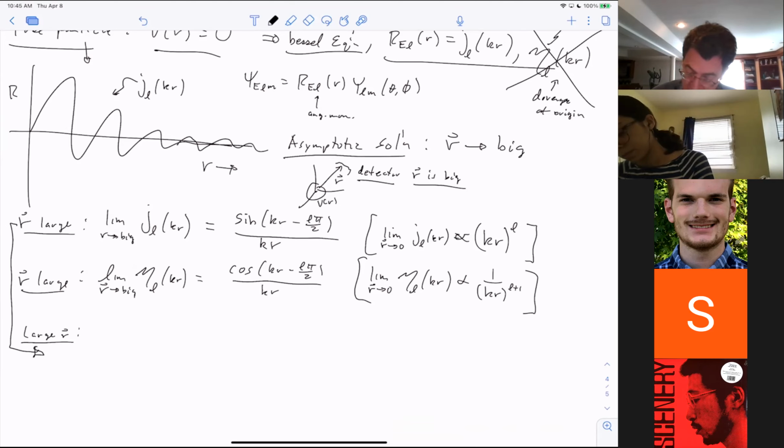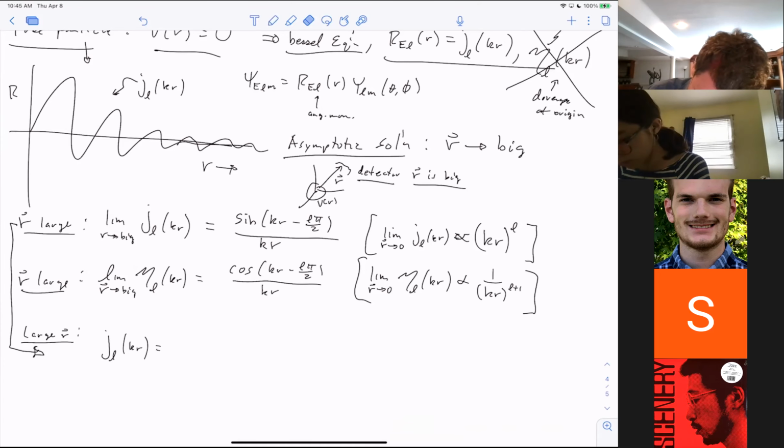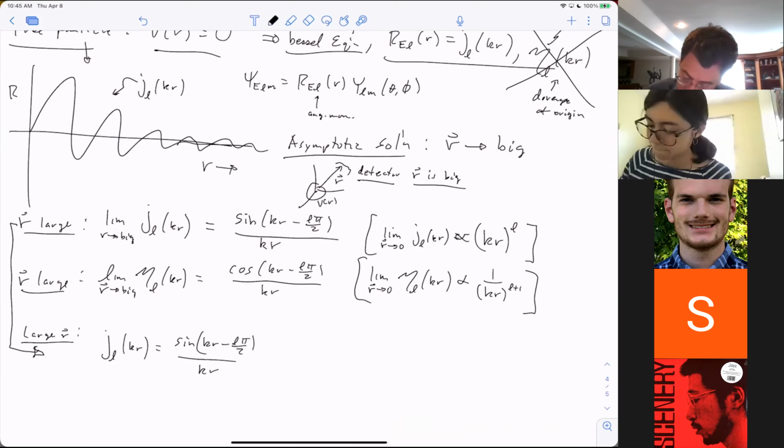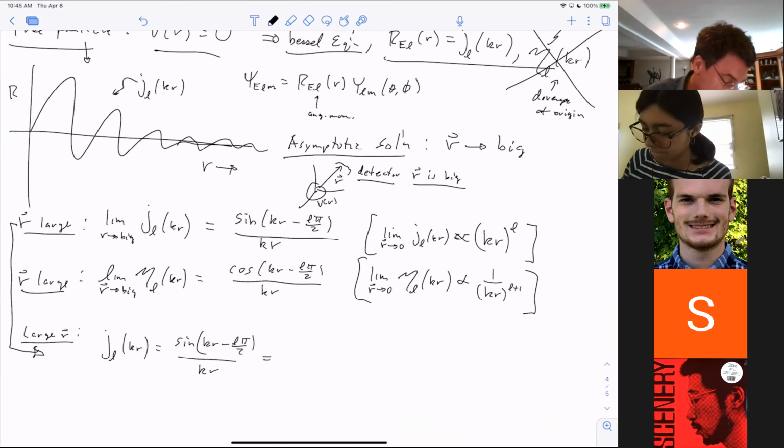The Bessel function, which is the free particle solution, at large r is sine of kr minus L pi over 2, over kr.